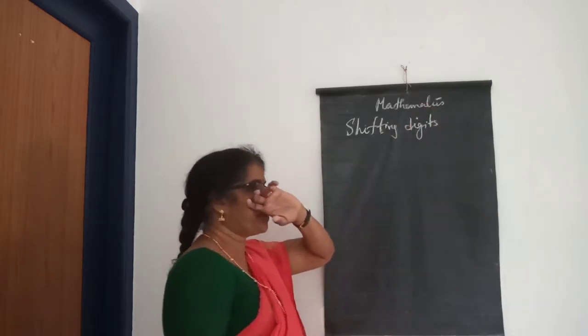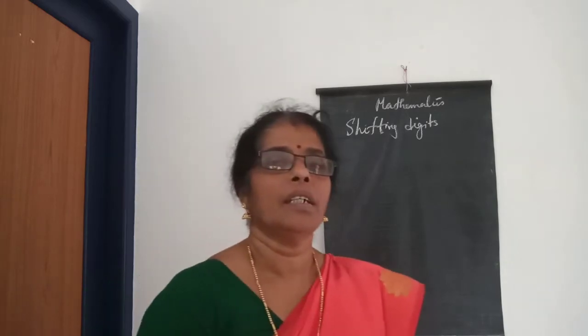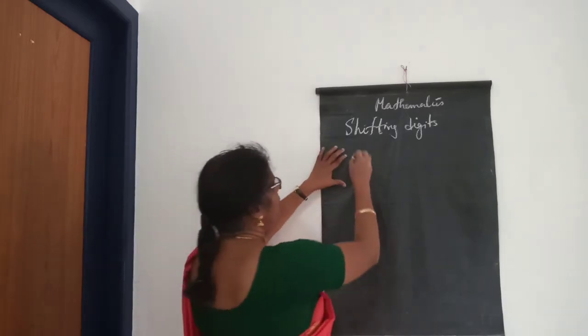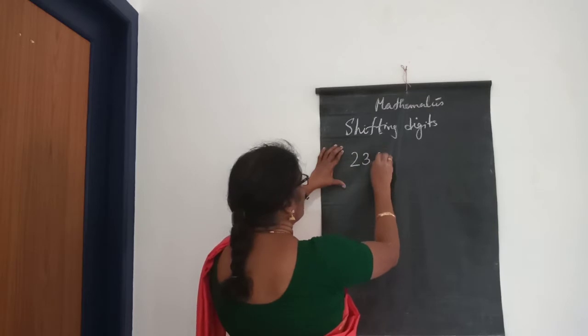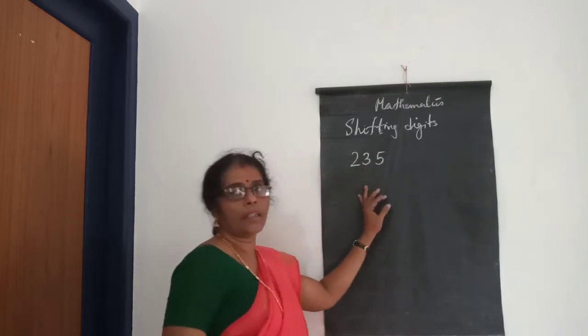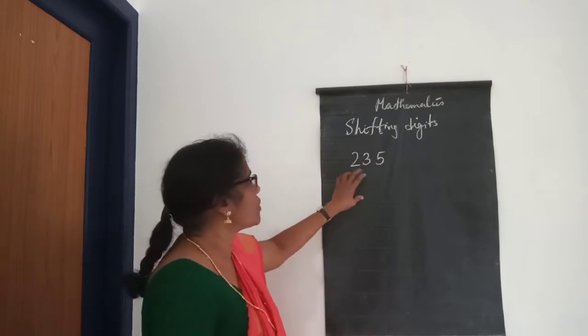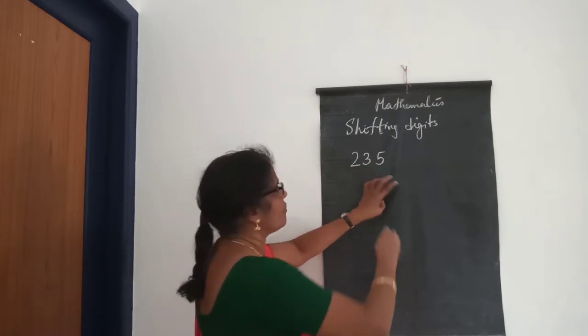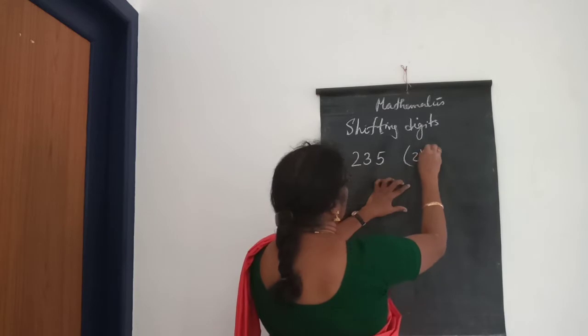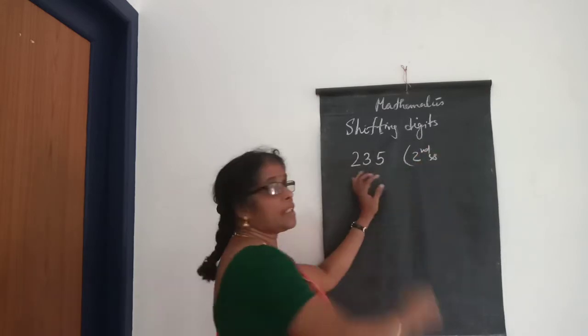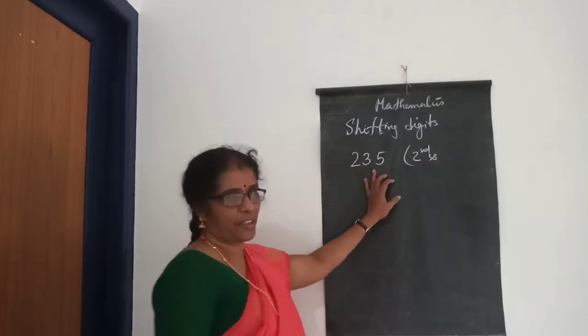Shifting digits means exchanging the digits. Look here, the number is 235. If we exchange the digits, first and third place, not second and fifth, sorry.